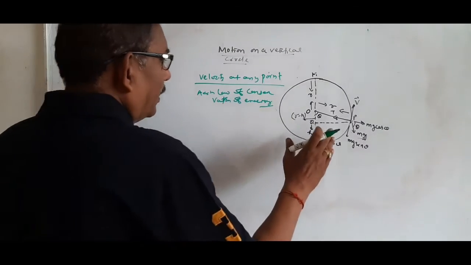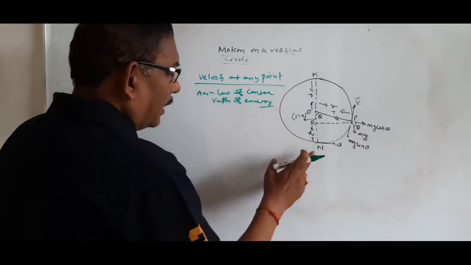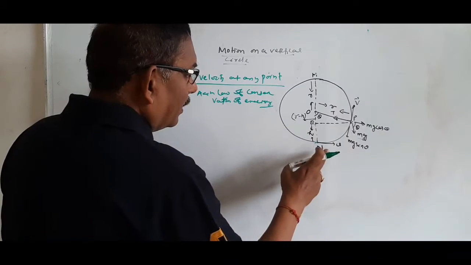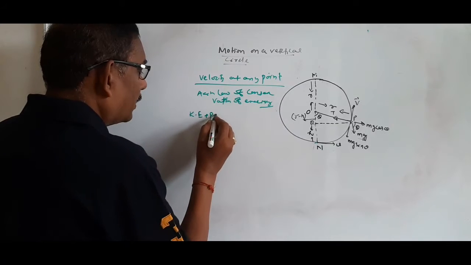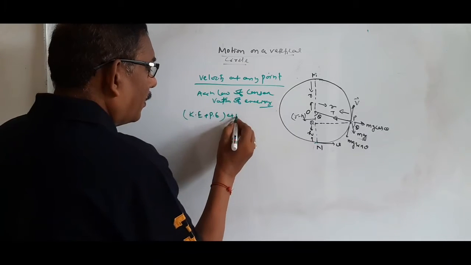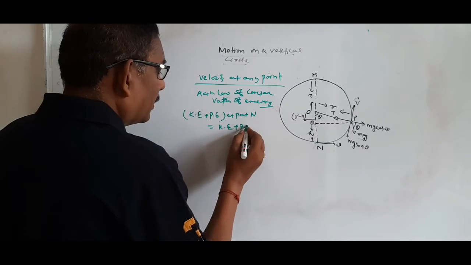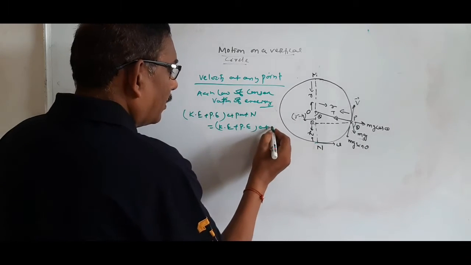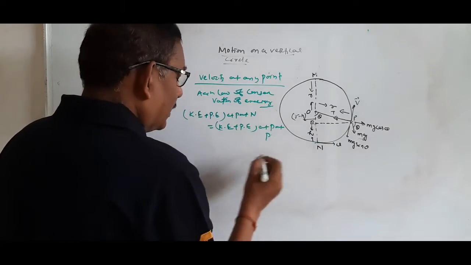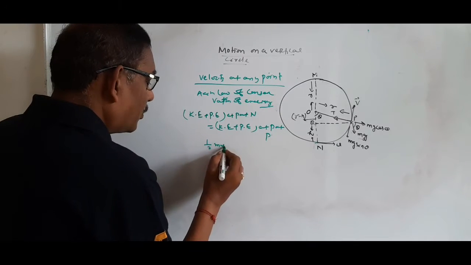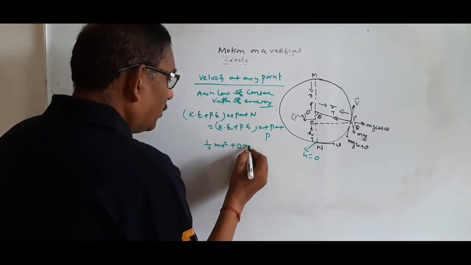So the velocity at the point P. According to the law of conservation of energy, the total energy at point N equals the total energy at point P. So kinetic energy plus potential energy at point N equals kinetic energy plus potential energy at point P. The kinetic energy at N is half m u square, and the potential energy at N is 0.